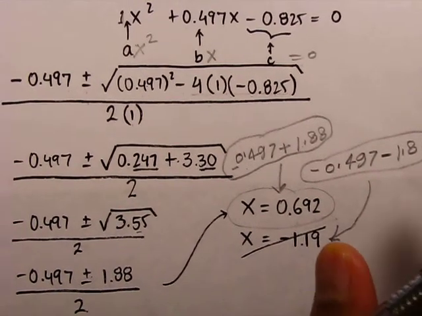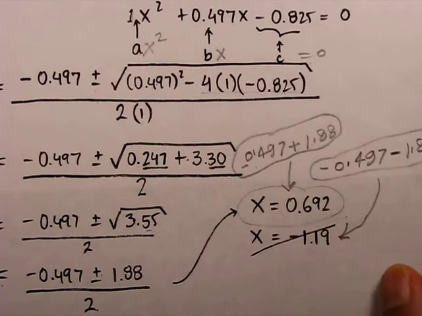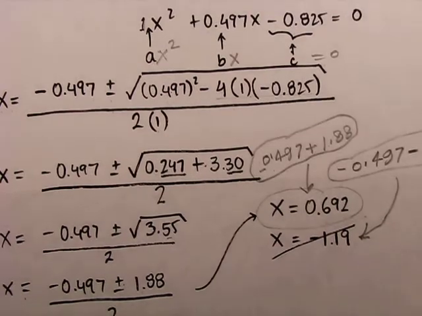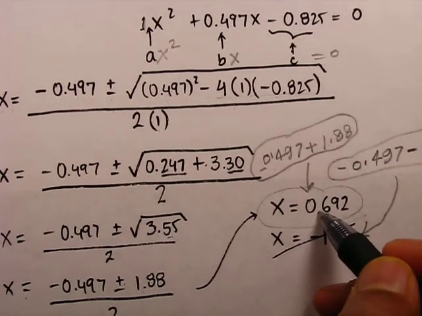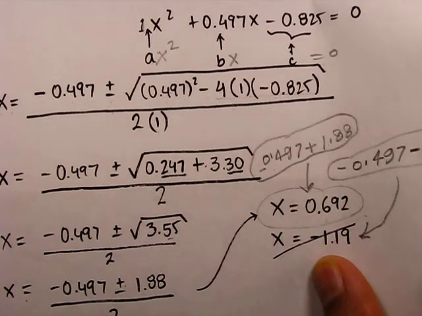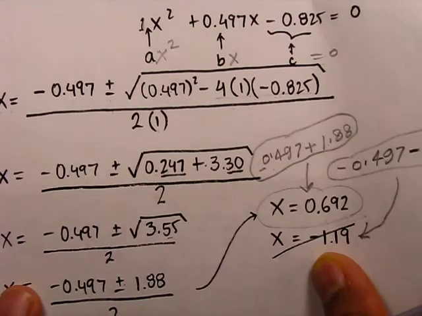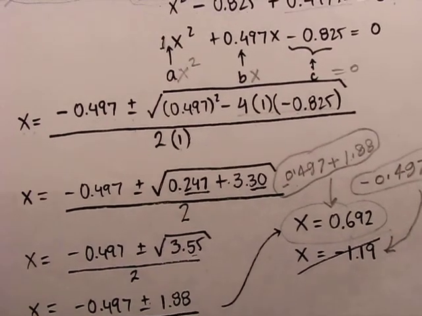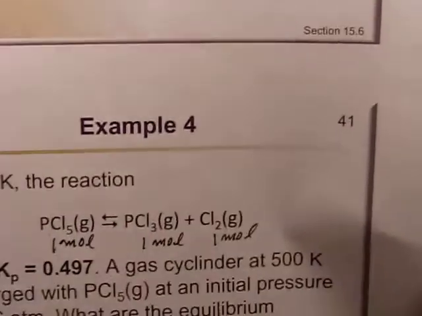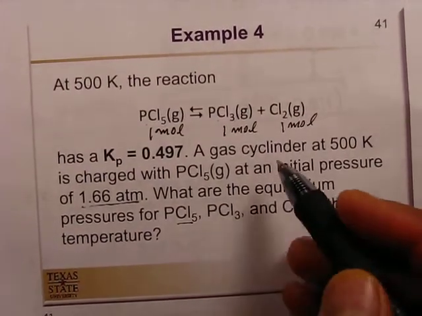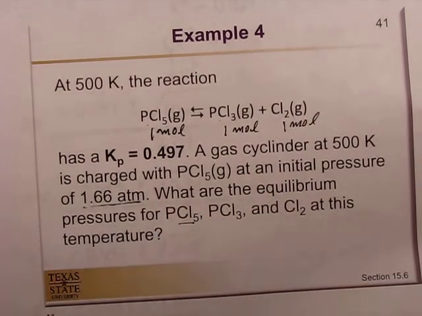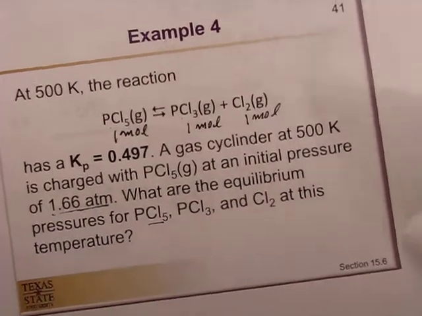In a quadratic equation we always get two values, and we have to decide which value is acceptable. In this case, only the positive x value is acceptable, because in the question the initial pressure was 1.66, which is the maximum for the reactant, and the product will be less than this amount.